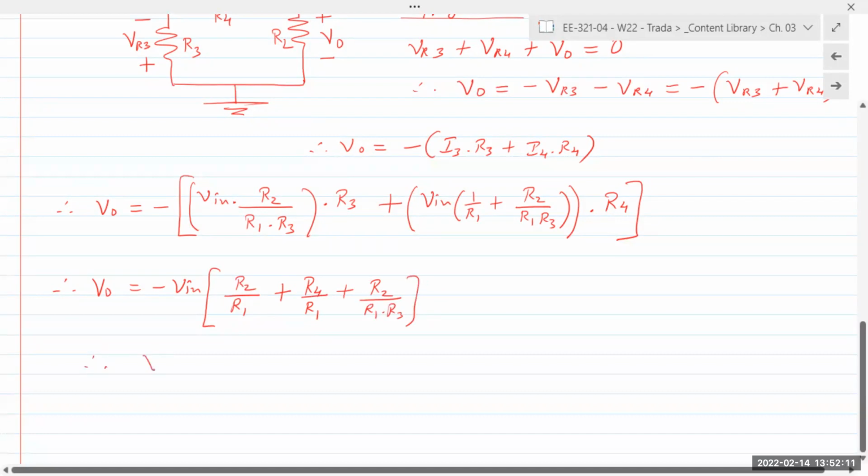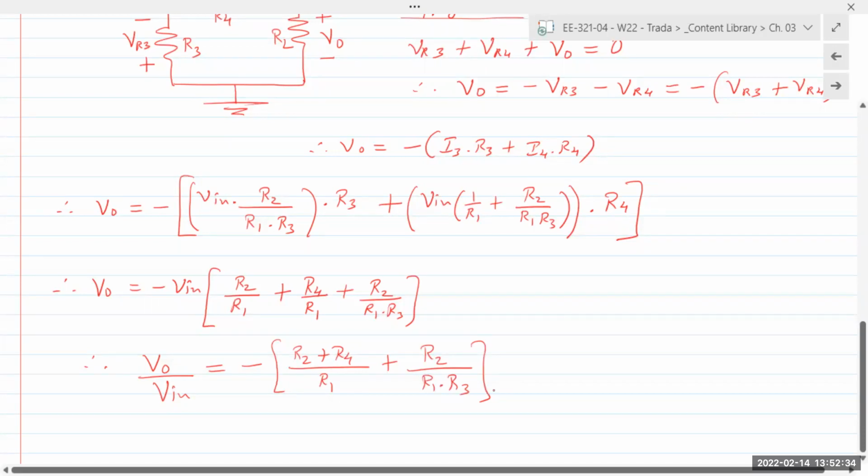If I take Vin on the other side, I get VO over Vin, which is my gain equation, is equal to minus R2 plus R4 over R1 plus R2 over R1 times R3.